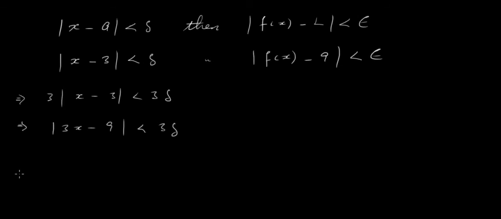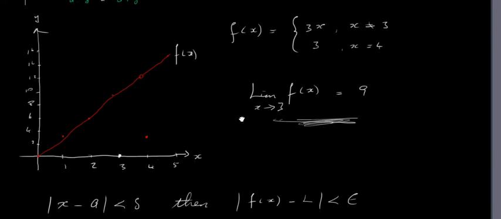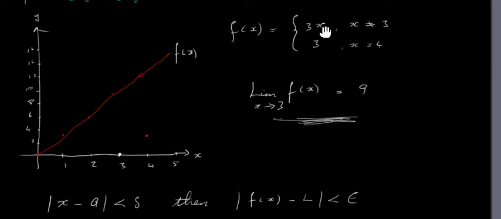Now if you look at this 3x here, it is just our function at 3. Looking at our original function, 3x is our f of x anywhere but 4, and we're looking at an x of 3 here. So at x equal to 3, our function is 3x.